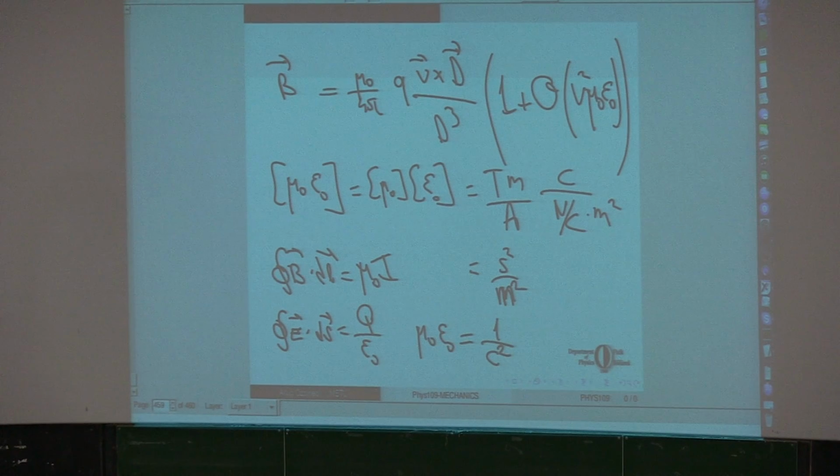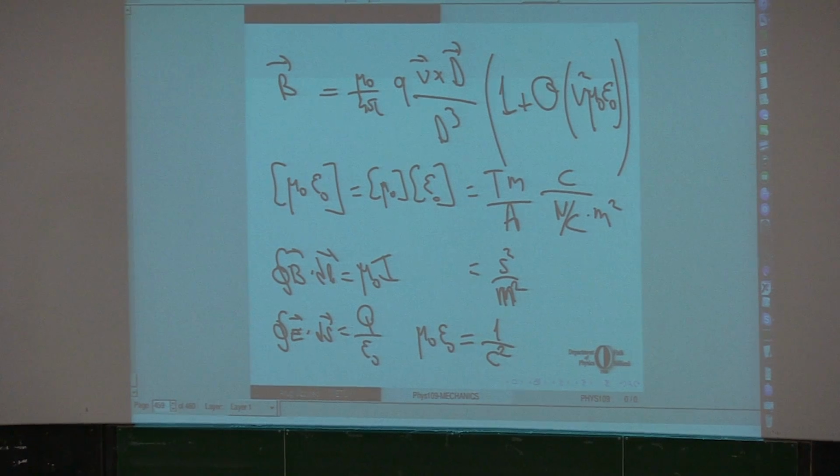But let's see if this is not a coincidence that mu0 epsilon 0 is actually related to the speed of light. We know the value of epsilon 0 is the same in every reference frame. We know that the value of mu0 is the same in every reference frame.